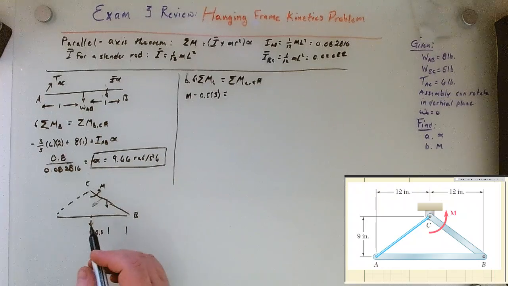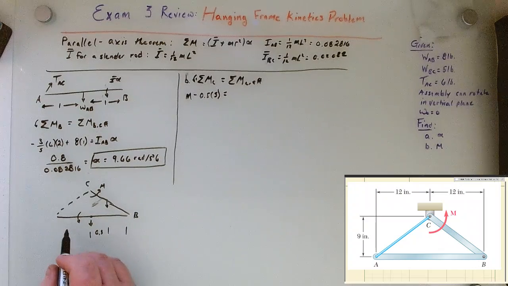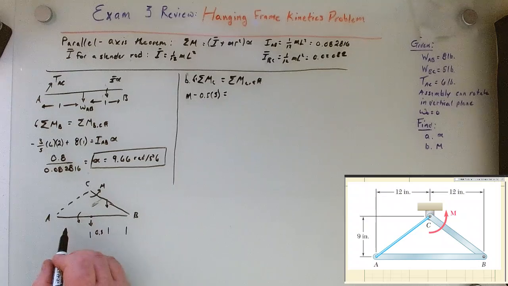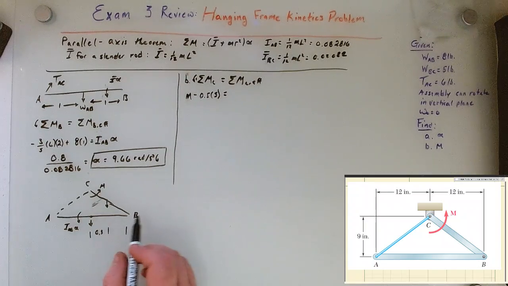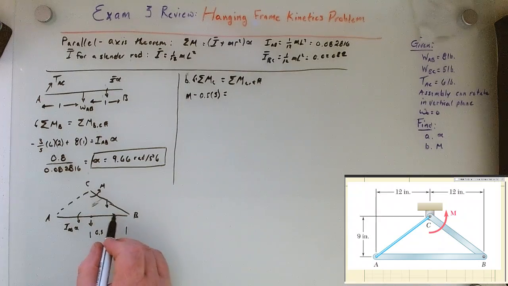Well, let's see, what are the motions there? We've got this, so it's A here, so this is I, A, B, alpha, right? And then as it rotates, there's also going to be this component, right?